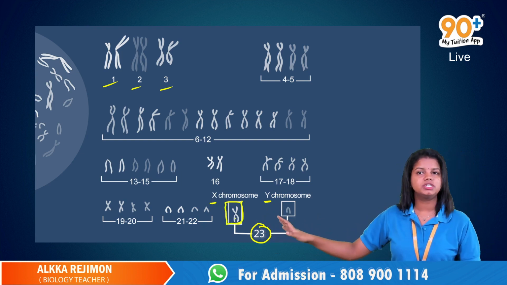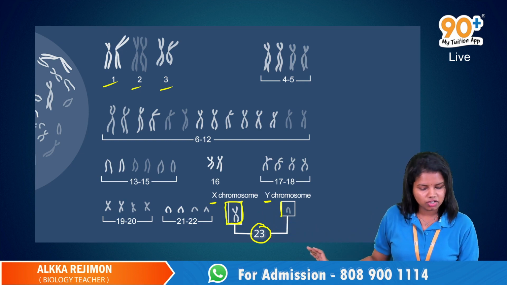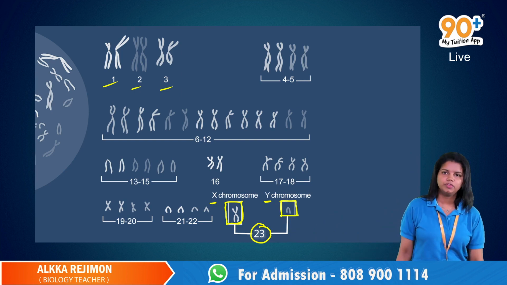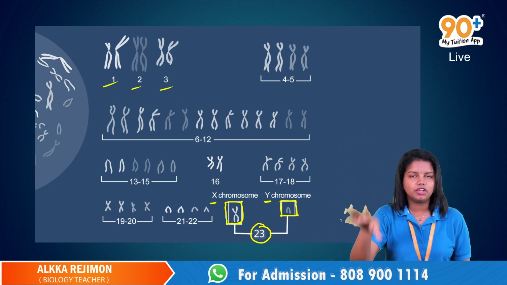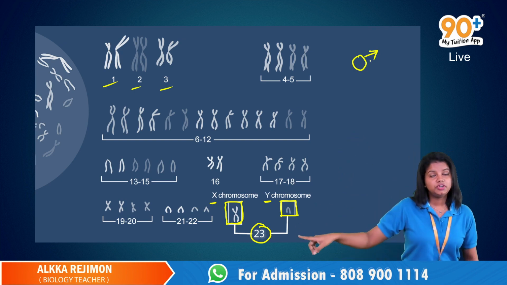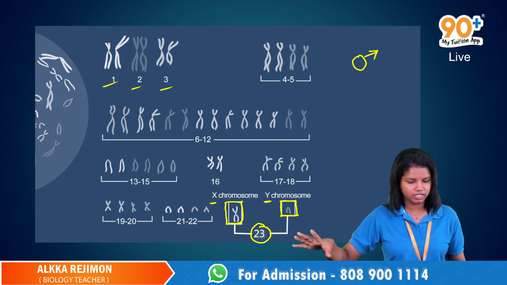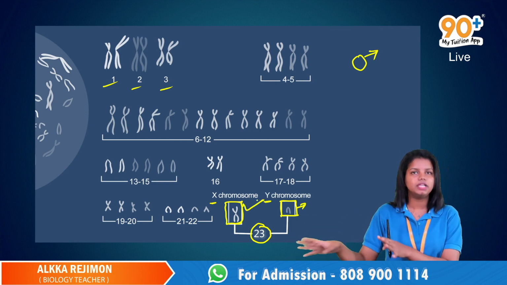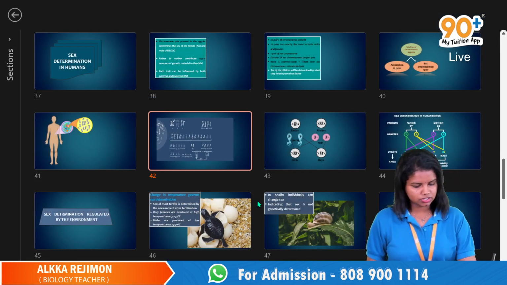The other chromosomes are all the same size. But the Y chromosome is very small and very different from the X chromosome. So this karyotype with X and Y is going to be of a male. And if it was a female's chromosomes, this second chromosome would have looked the same as the first. It would be similar. So that's about the sex chromosome.